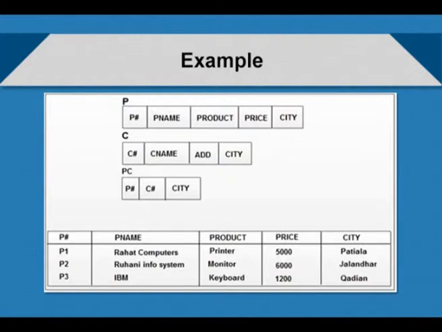And in PC you have part number, customer number and city. So this is how a database looks. Here it has 3 tables, each having its own schema, and the complete schema of the 3 tables is called the database schema.